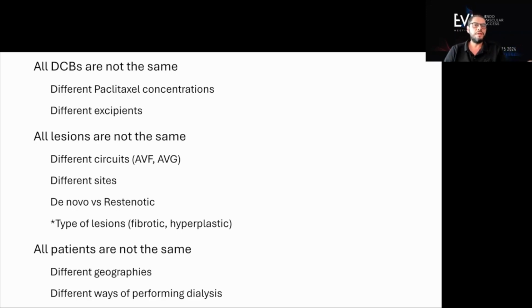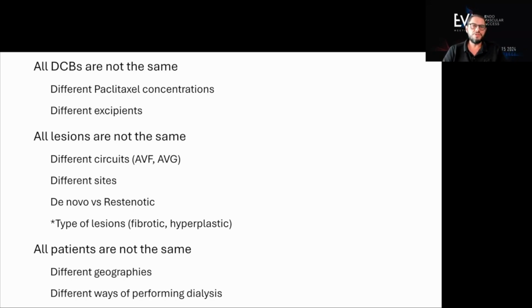You wouldn't do that with different circuits, with different sites, for example, the cephalic arch, the outflow veins, the central veins. There are different lesions like de novo and restenotic, and there are also different types of lesions like fibrotic or hypoplastic lesions, although I have an asterisk there because I'm not a really big fan of this differentiation. And last but not least, not all patients are the same.